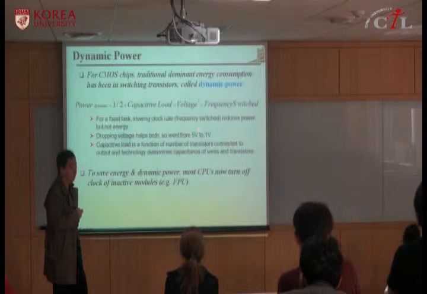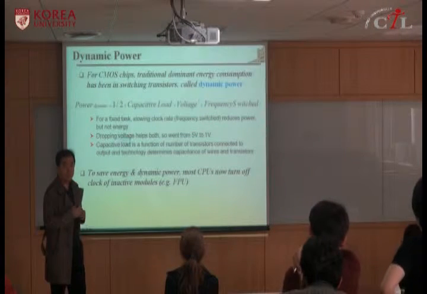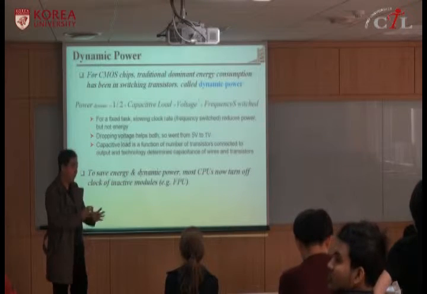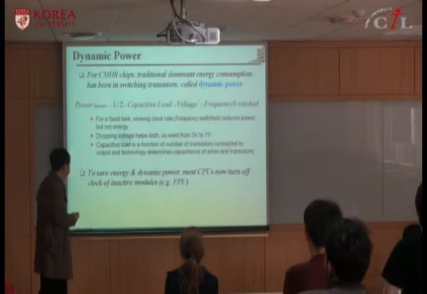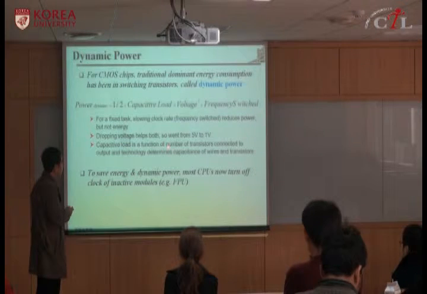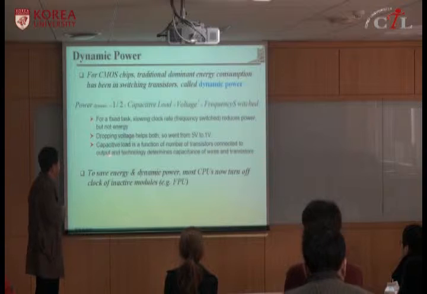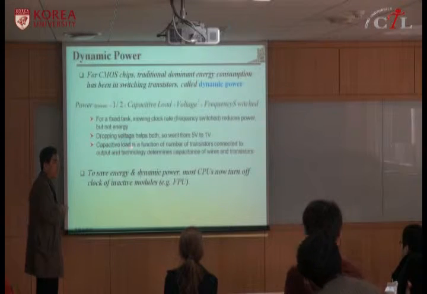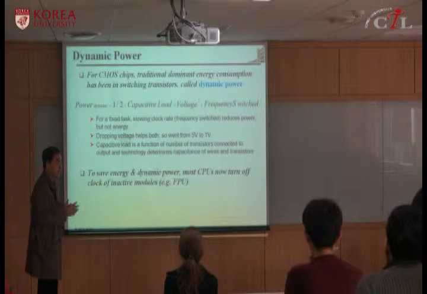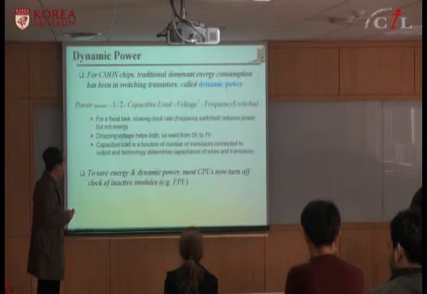If you look at the operating voltage of IC chips, it's been going down, from 5 volts to around 1 volt nowadays. And capacitive load is a function of the number of transistors connected to the output. So it usually depends on how many gates you have, how many transistors, the size, the volume.